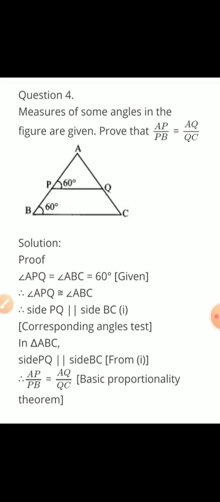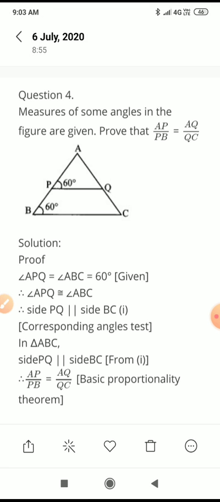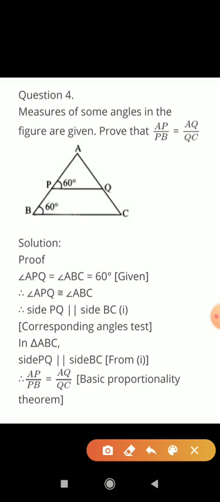See the question: measures of some angles in the figure are given. Prove that AP upon PB is equal to AQ upon QC. If we read the question, we can understand which theorem this question is based on.